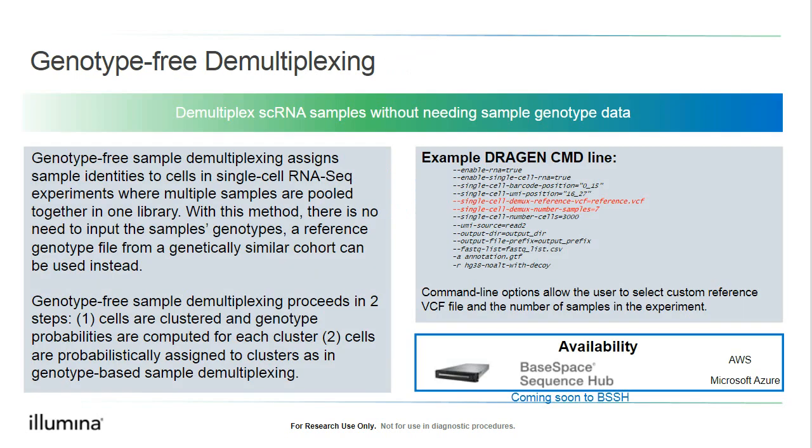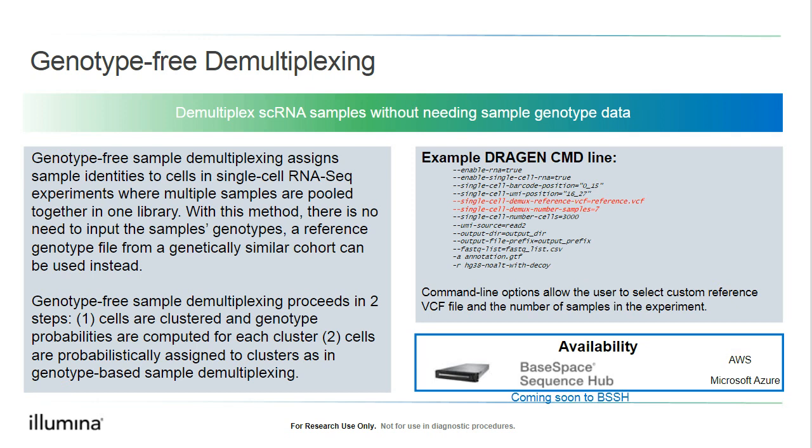So again, coming to the first feature, the genotype-free demultiplexing. What the genotype-free demultiplexing does is it can demultiplex your scRNA samples without needing any sample-specific genotype data. So with this method, there is no need to input the sample's genotypes.